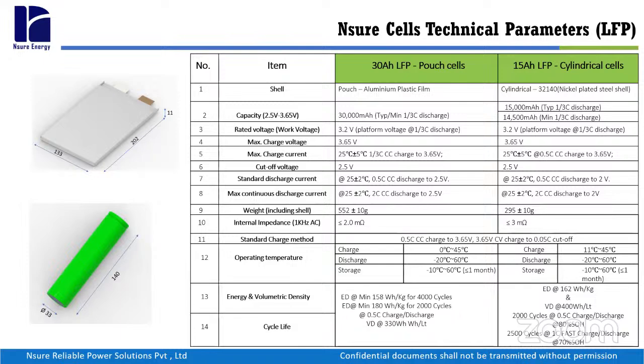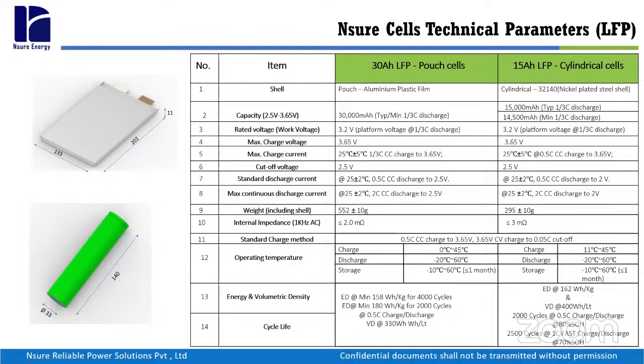This 15Ah is an upgraded model of the 32700, which was prevalent in India on LFP cylindrical. With a higher volume density of 400 plus, it is a better model than the predecessor of any pouch, prismatic or cylindrical LFP.